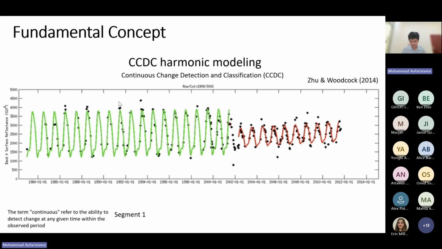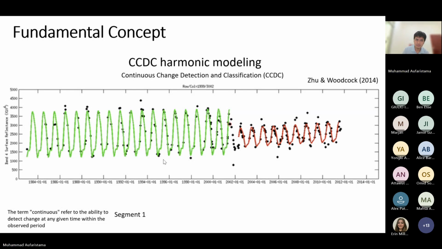The aim of this model previously was change detection, so not only landslides, it can be used for deforestation and urban change, but in this case, we will use it for landslides. In here, the term continuous refers to the ability to detect a change at any given time within the observation period, let's say from 1984 to 2012. So it will give you insight into this change.